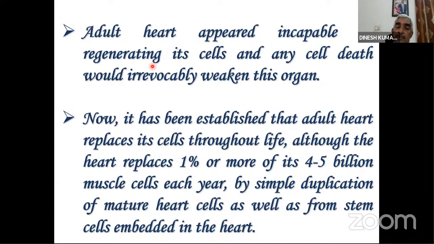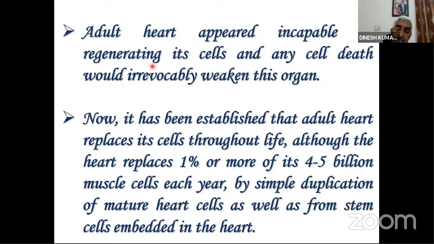After 14-15 days, he found that there was 40% recovery in the cardiac cells. Now, in the normal course, about 1% of cardiac cells, 4 to 5 billion muscle cells, are replaced each year by a simple duplication process. It is a very slow process.